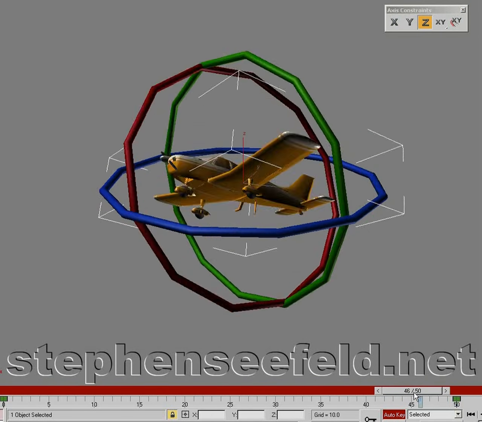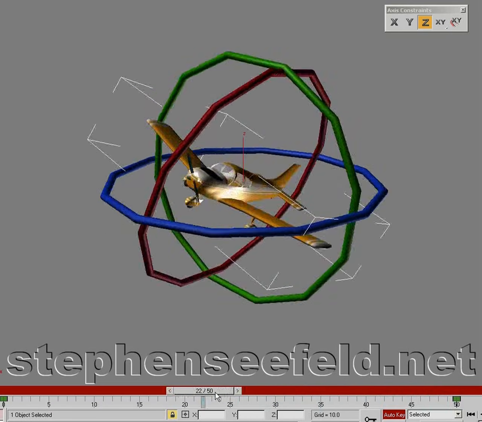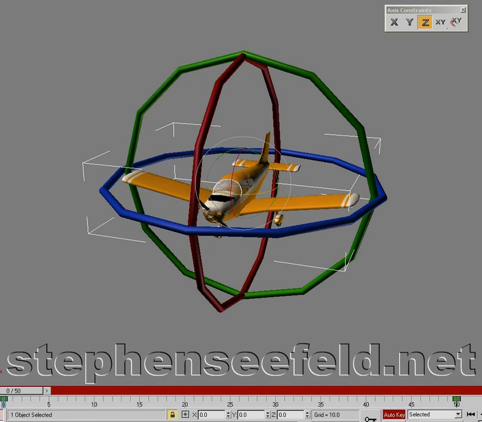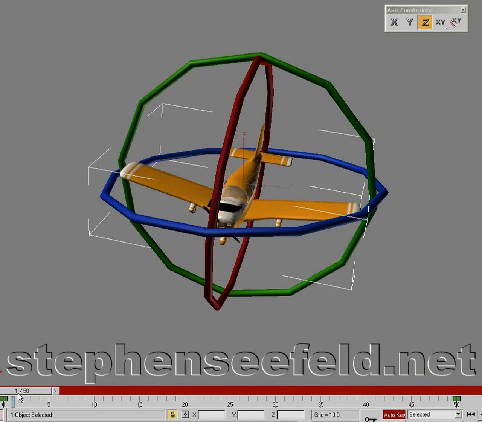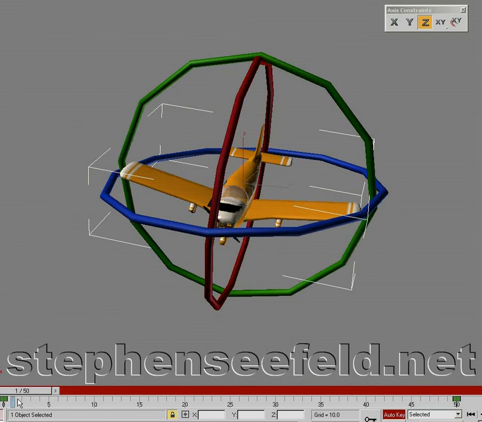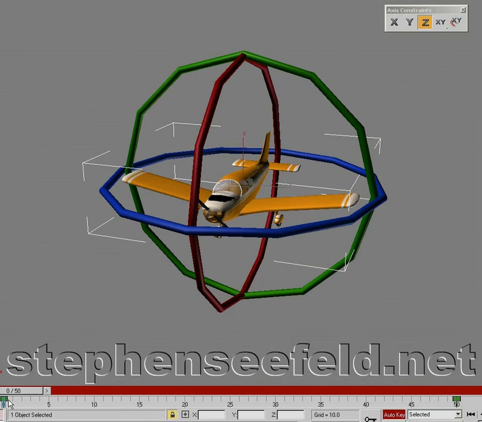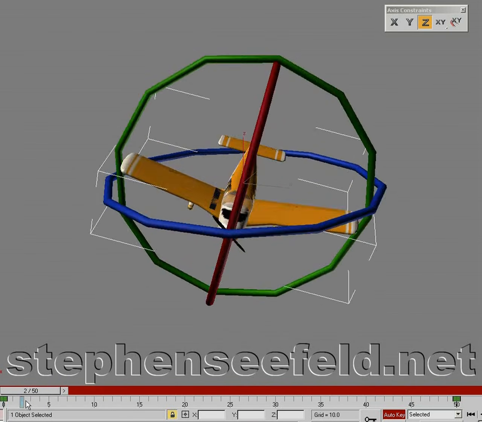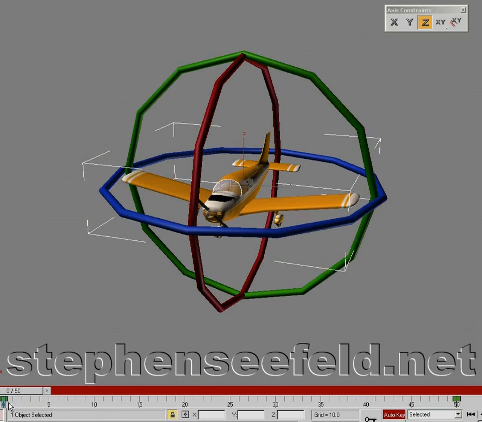Now let's have a quick look at exactly what's going on here. The x-axis is pulling the nose of the plane down, while the y-axis is pulling it over the wingtips. That's why you're getting that movement there. Meanwhile, the z-axis is pulling it around in a circle from tip to tail.